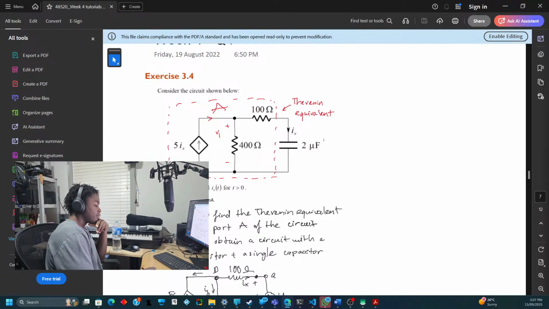I mean A minus B is 100. It's the voltage at that part, and for here we have 5 Ix.